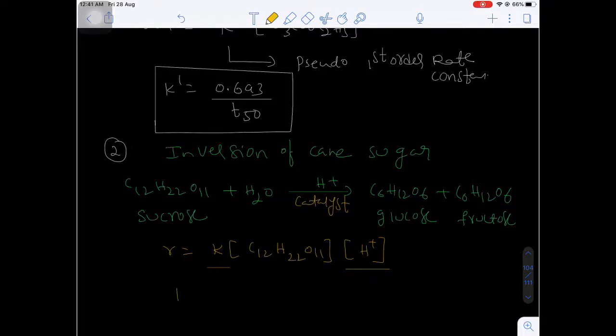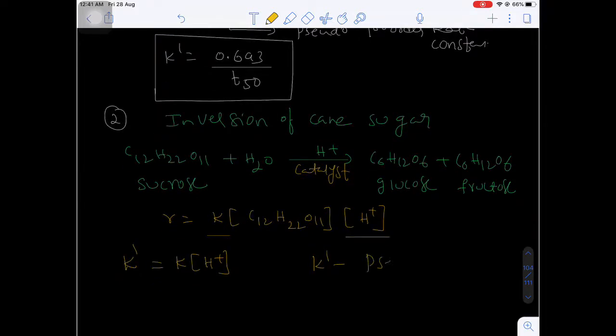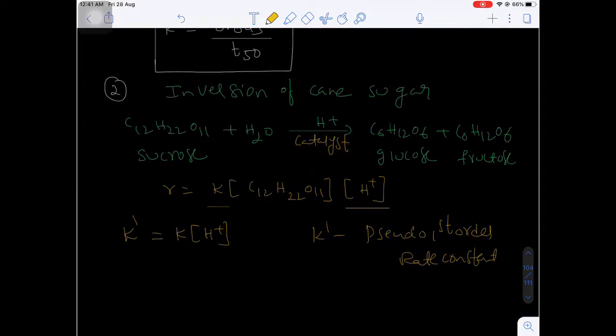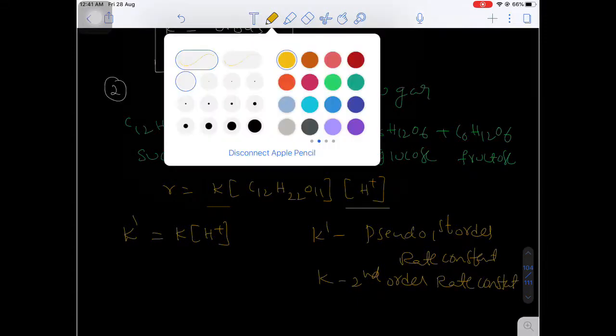Here the K value is constant. So the product of K and H plus I am now taking as K dash, where K dash is called first order rate constant, nothing but pseudo first order rate constant. Are you getting my point? Now here K is a second order rate constant.